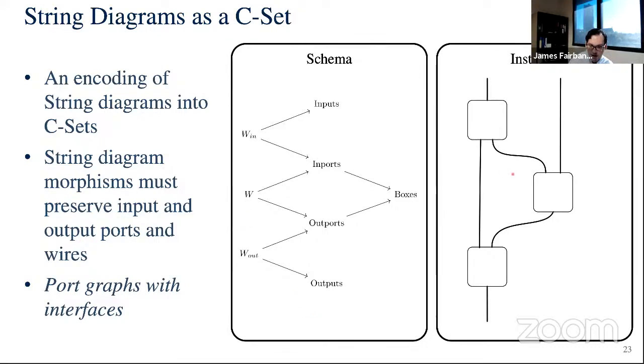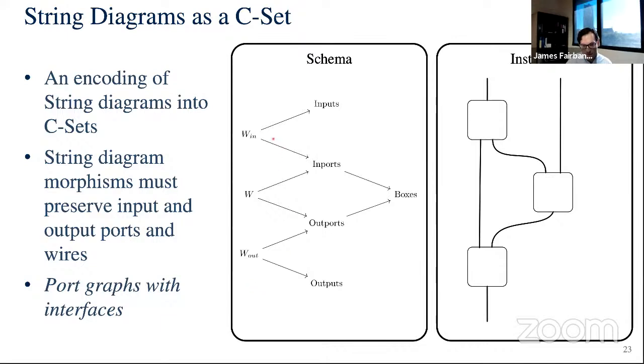You've got a set of boxes, a set of ports, outputs, inputs, outputs, and wires, three sets of wires. The ports and outputs both are attached to boxes. The inputs represent the incoming wires, the places where incoming wires can attach, so the domain of the string diagram. And the outputs represent the codomain of the string diagram, where wires can leave the diagram.